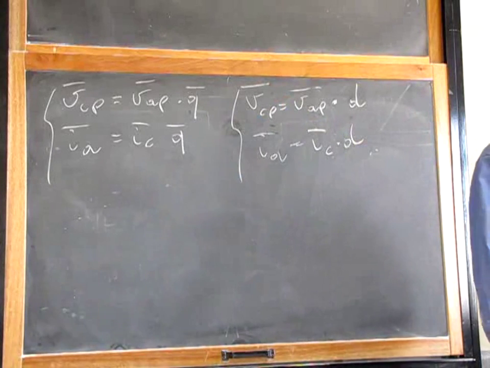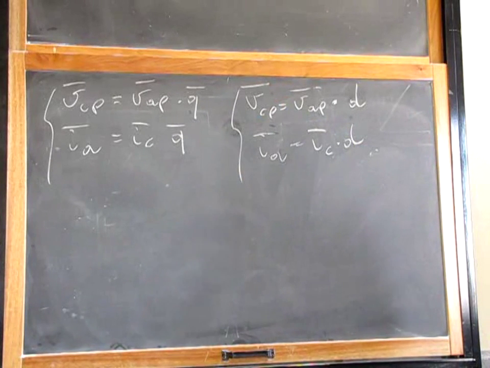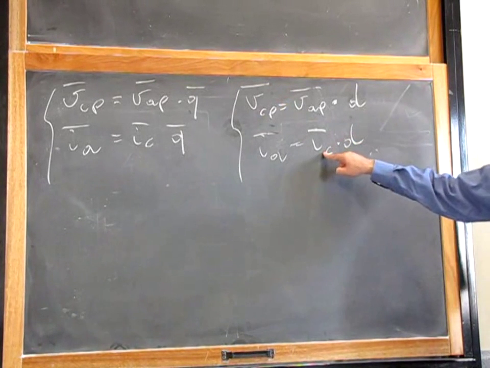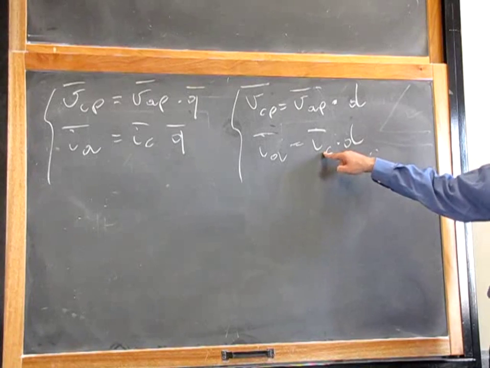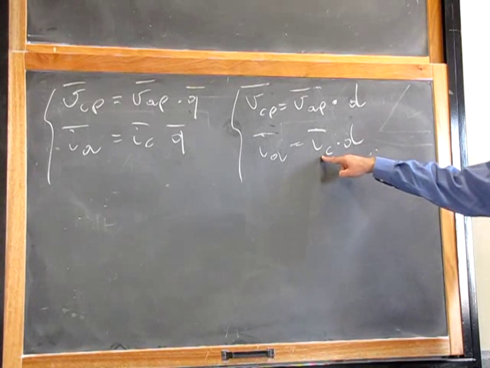Linear or non-linear equations? Those are non-linear equations because IC, the average of IC, changes. For example, in the buck converter, the average of IC depends on the output load.